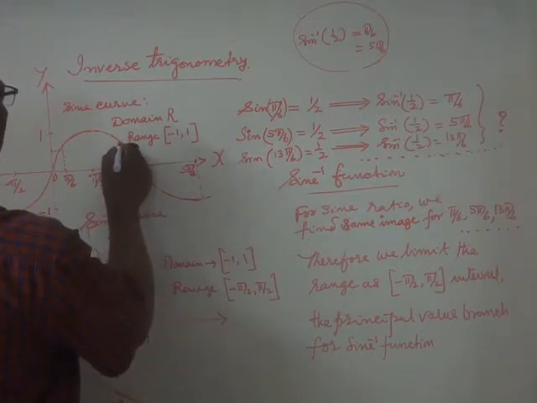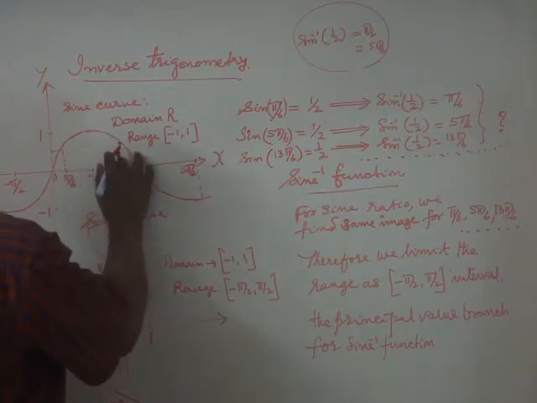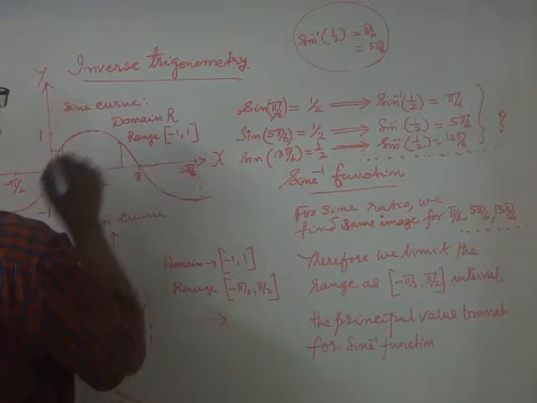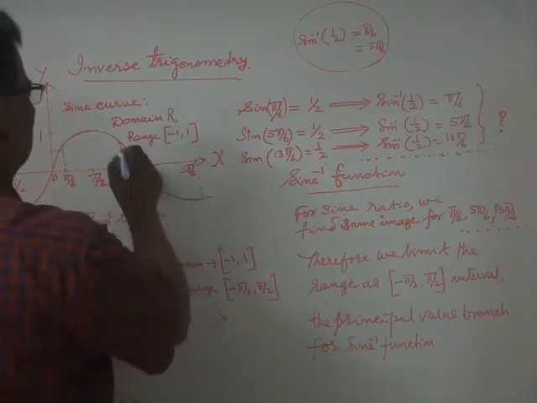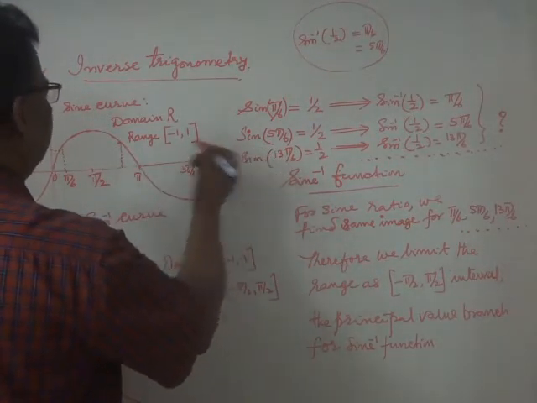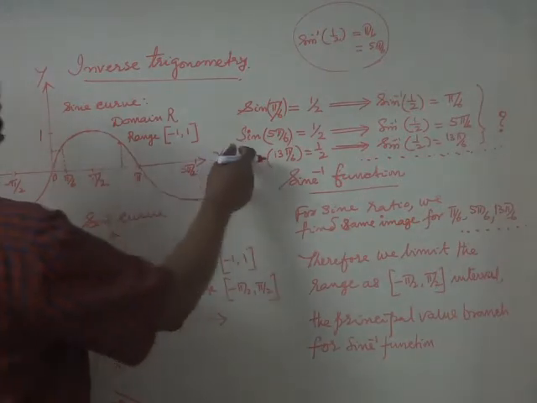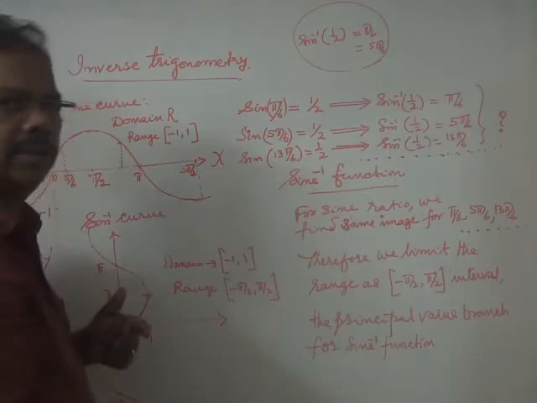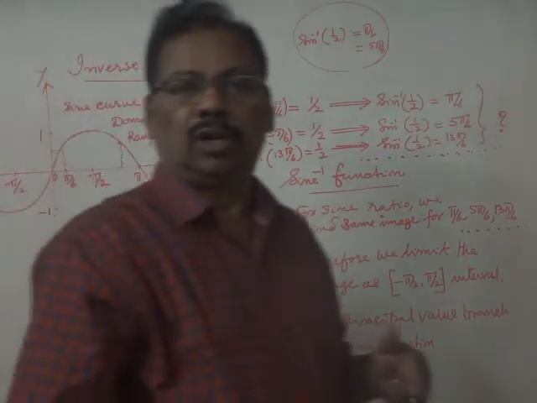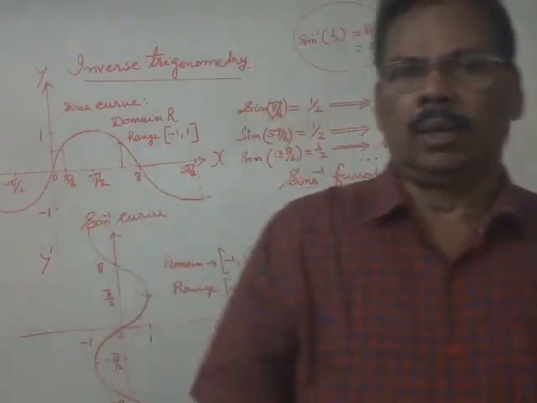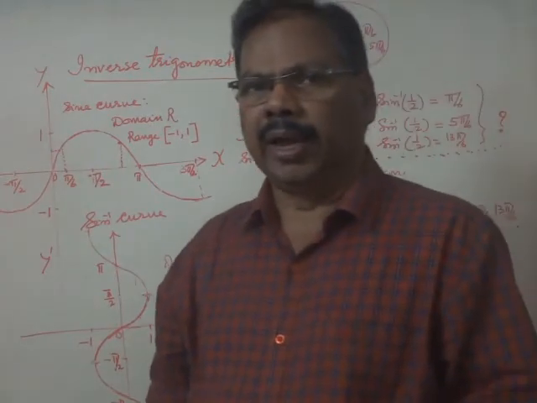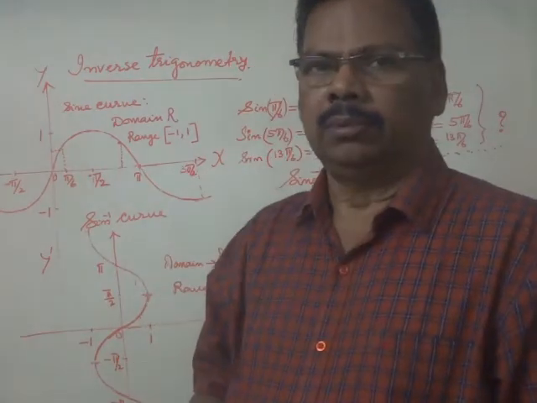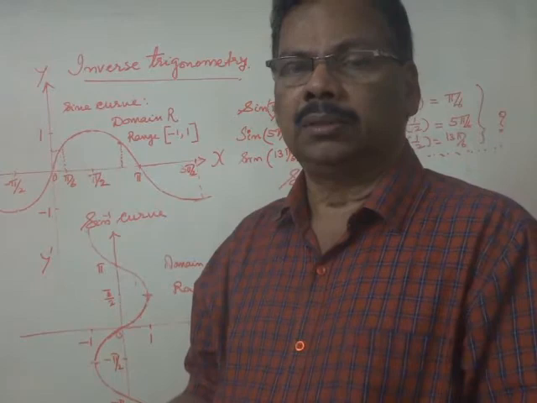There also we find the y value the same. There are other angles also for which we get sine ratio half, innumerable angles. So when we consider sine inverse half, we get a number of angles.